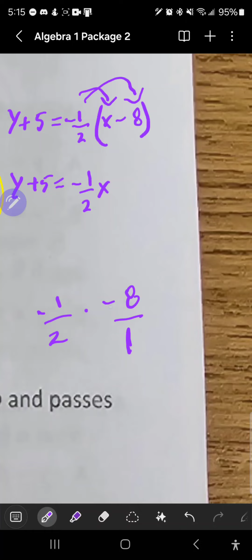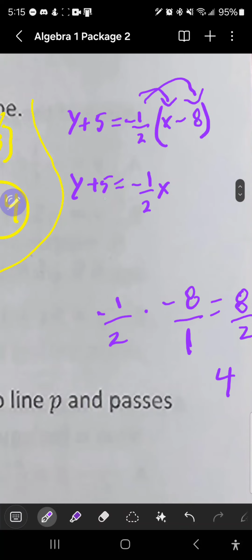So negative 1 times negative 8 is going to be positive 8, because they are the same sign, so it's positive. I'm sorry for repeating this so much, but it's very important. And then 2 times 1 is 2, and 8 divided by 2 is 4. So we get plus 4.